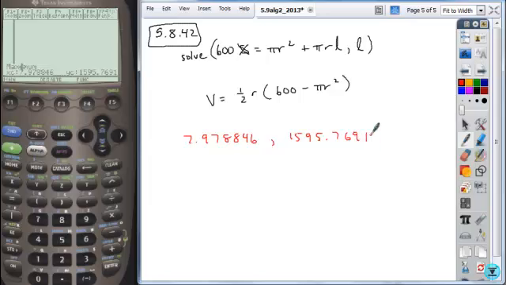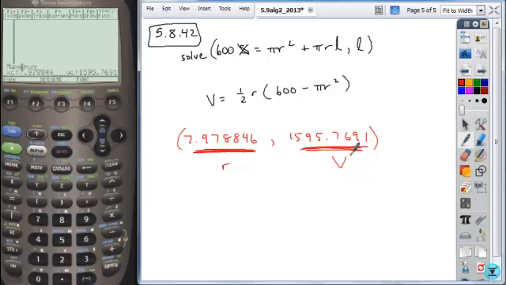Here are the coordinates of my relative maximum. This value right here is going to be my R value. This value right here is going to be my volume. So that gives you two of the answers.